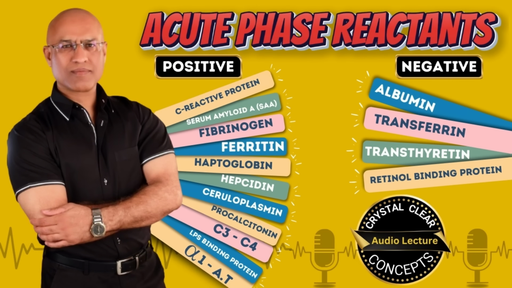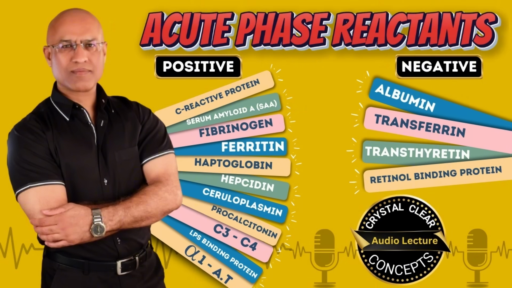Now, we are clear about three things. What are acute phase reactants? Mostly they are proteins, so we can call them acute phase proteins. From where are they produced? They are produced by the hepatocytes, the liver. How are they produced?